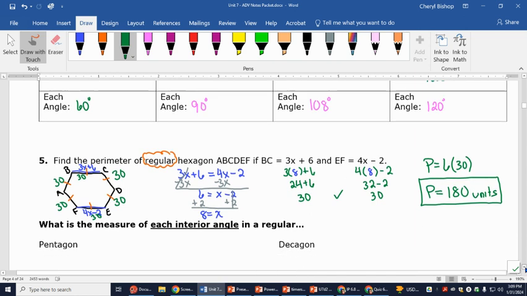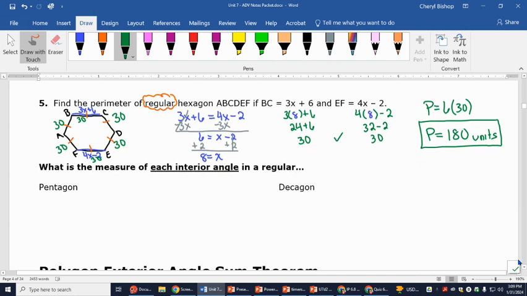Let's look at this next situation. What is the measure of each interior angle in a regular pentagon and a regular decagon? So we've already done it about 3 times. A regular pentagon, we know the sum when we put an n value of 5. We know we're going to get a sum of 540.